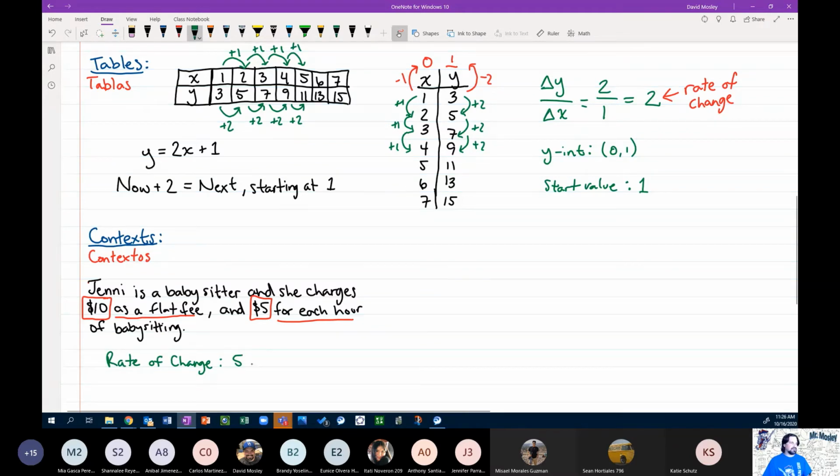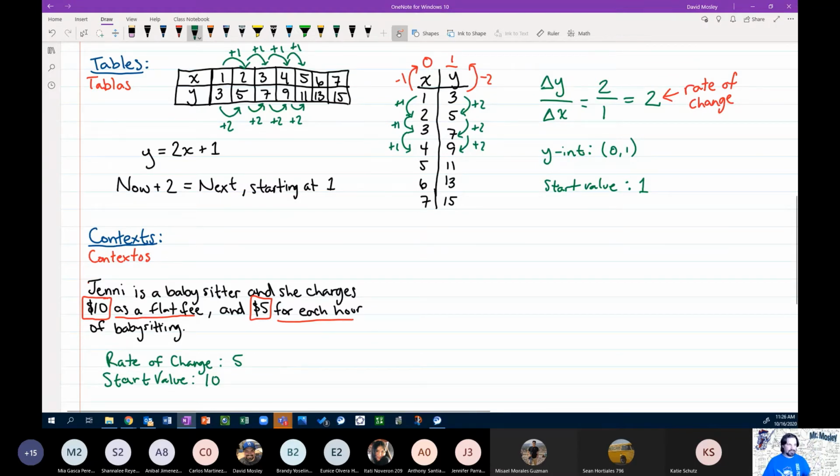Yes. And Mr. Morales just put in the chat, babysitter is niñero. We have the rate of change, and we have the start value, which is 10. And that just comes right from the problem.